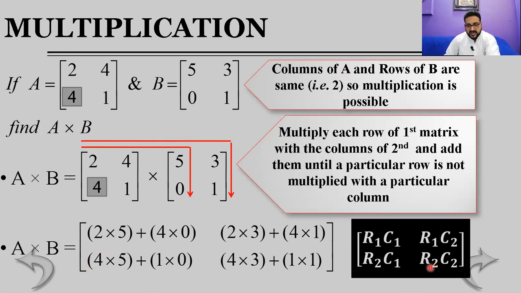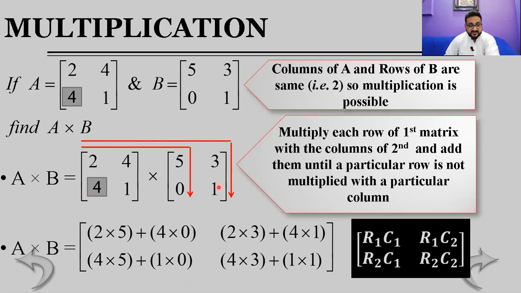अब जो यहाँ पे बात हो रही है R2 multiplied by C2, now column has changed, ठीक है ना. अब यहाँ पे column क्या हो रहा है, चेंज हो रहा है. So you use this formula, R2 multiplied by C2. R2 is 4 1 and C2 is 3 1.